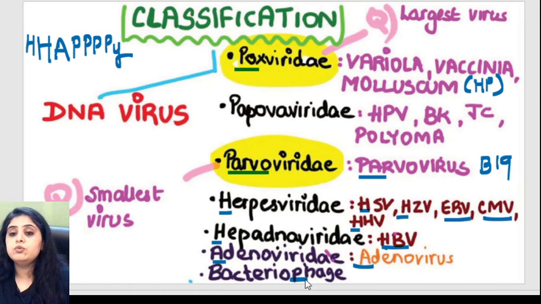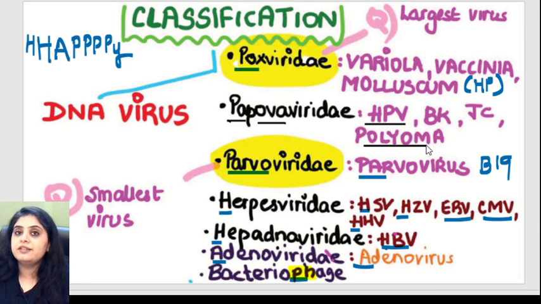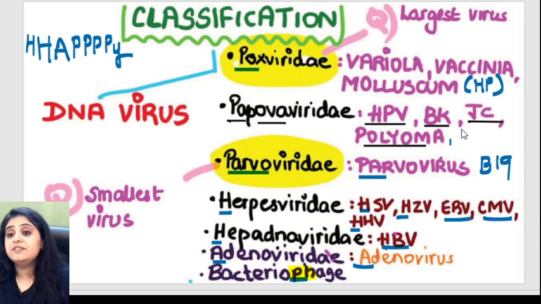One more P, you have the phage, so bacteriophage. And the last P, you have Papovaviridae, which has a lot of combination things. If you break papova, you get human papilloma virus, polyoma virus, BK virus, JC virus, and even the SV40 that we just studied.